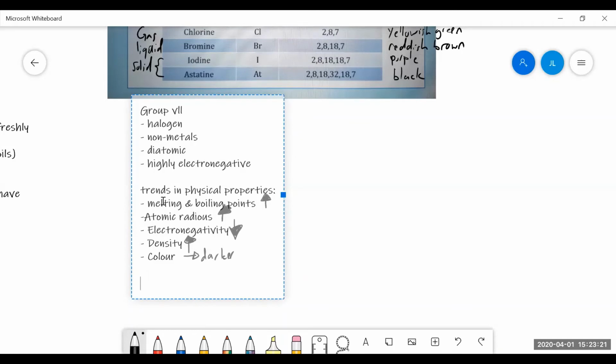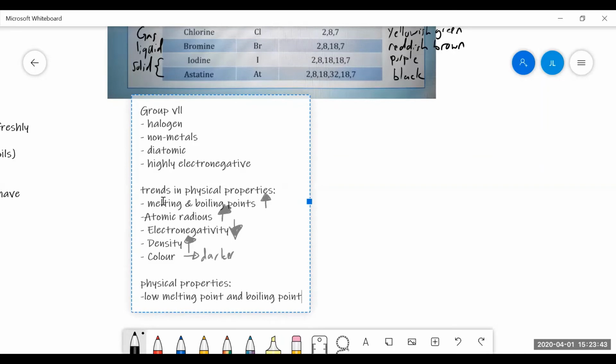The general physical property of halogens: they have a low melting point and boiling point, because the molecules are held together by weak intermolecular force called van der Waals force.